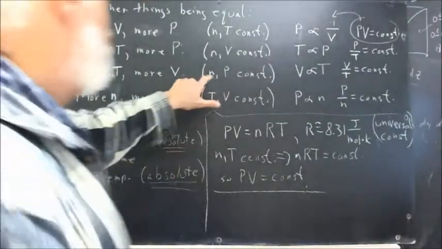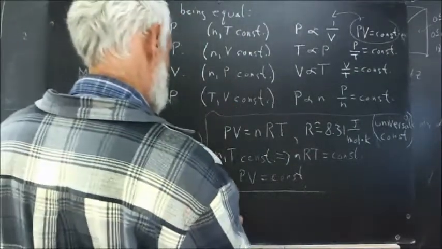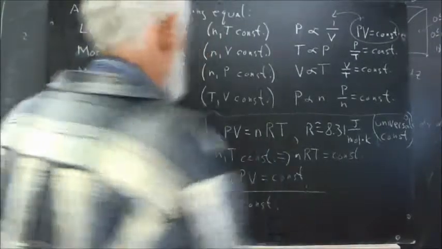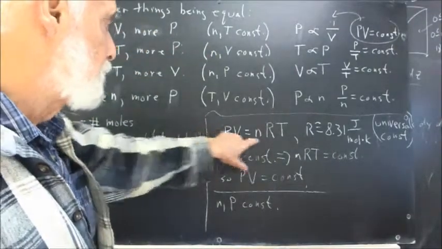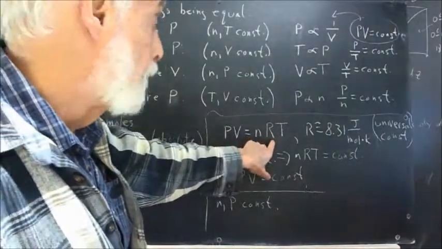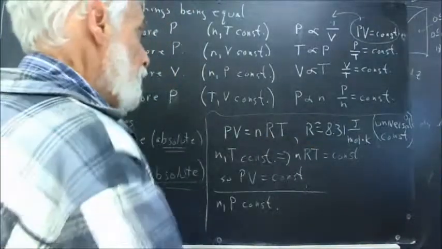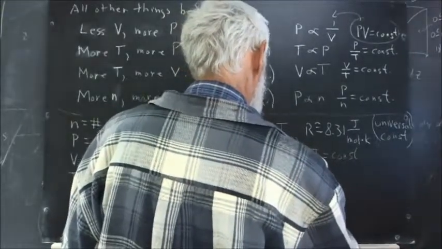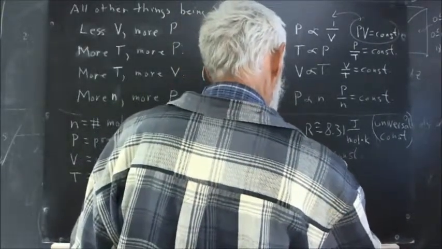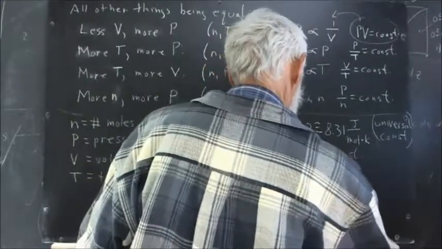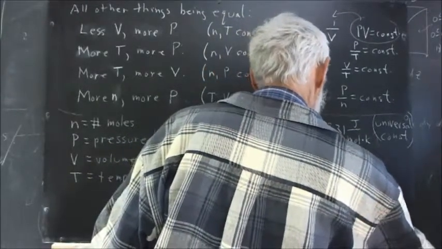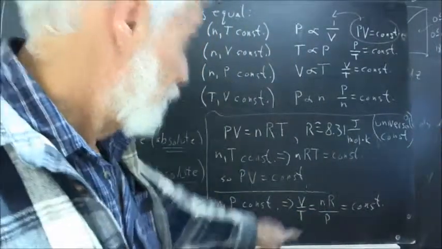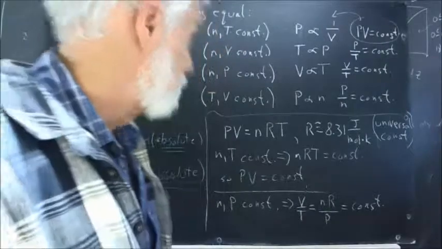Another case, if N and P are constant, well, we can rearrange this equation so that N and P are on the same side with R. Remember, R doesn't change. And we get V over T equals NR over P. And since N and P are held constant, that means that V over T has to be constant.